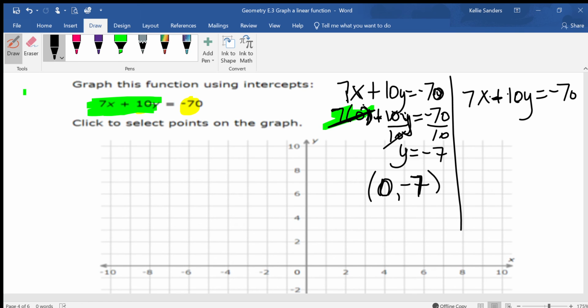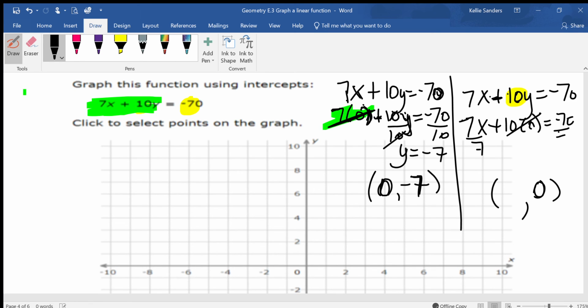Okay? I'm going to let that chill for just a second. Let's go to the other one. Well, if I let x be 0 the first time, and it nicely went away, I'm going to put 0 in for y this time. I know I'm getting really wild, aren't I? So I'm going to put it right there. And we have 7x plus 10 times 0 equals negative 70. That cancels out.